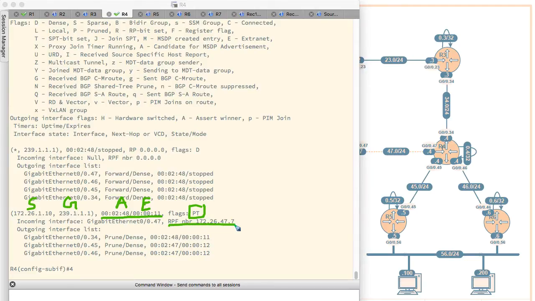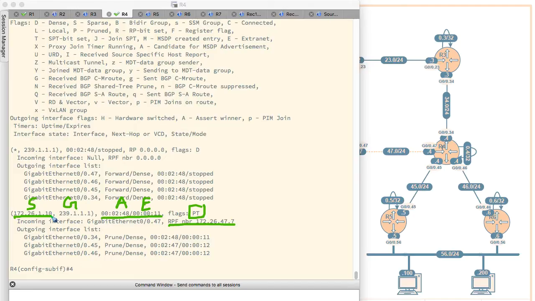The RPF neighbor is going to be the route that you selected to go back to this source. So the router is doing a routing lookup on 172.26.1.10, and out of all of the resultant routes, there is ECMP happening here. It's essentially picking the highest IP right now.